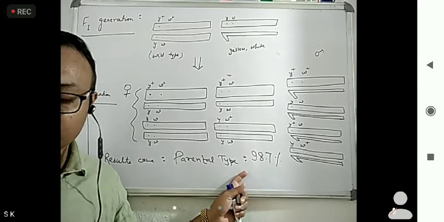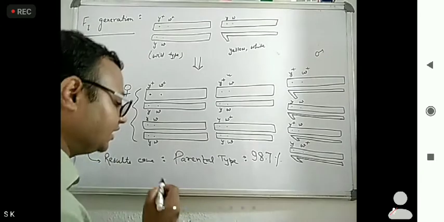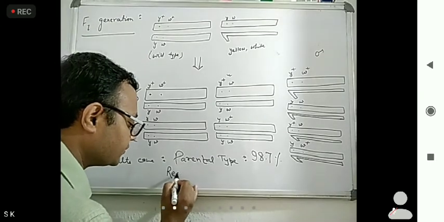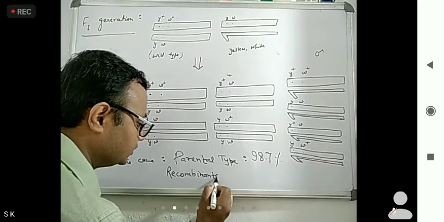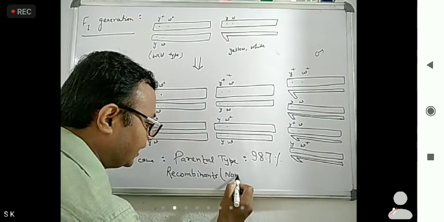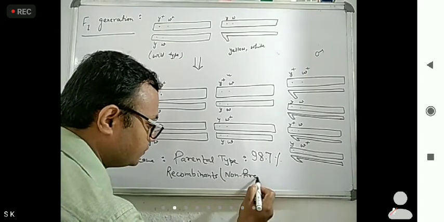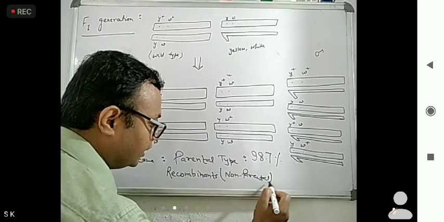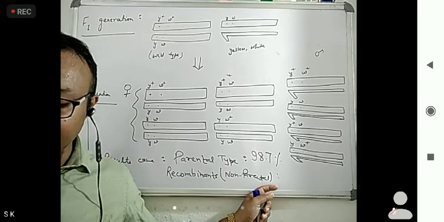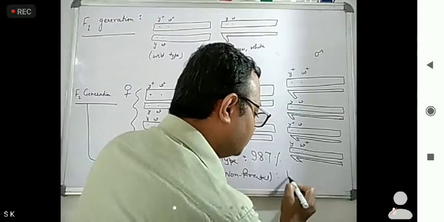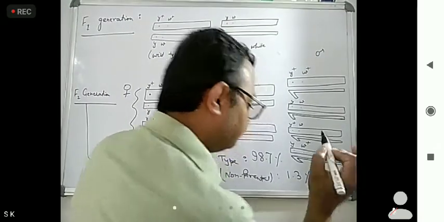And what was the non-parental, recombinant, or new type? The rest was non-parental. So 100 minus 98.7 is 1.3%.